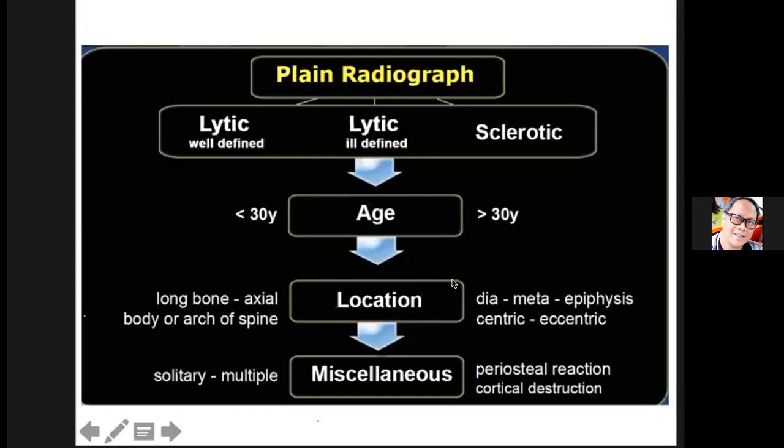And age is also important. Here you see it's less than 30, but some books will say less than 40 and more than 40. Location is also worthwhile to consider because there are lesions that tend to occur at the proximal or middle third or in the other areas of the bone. And the other miscellaneous information as well.